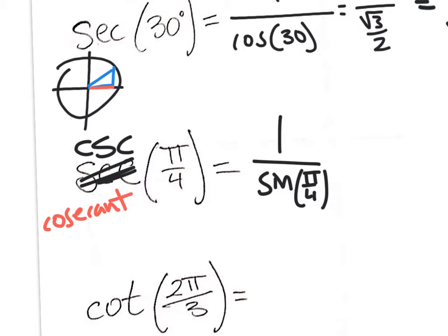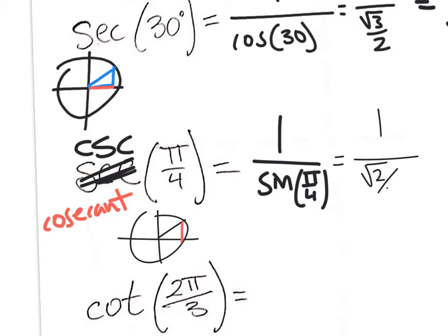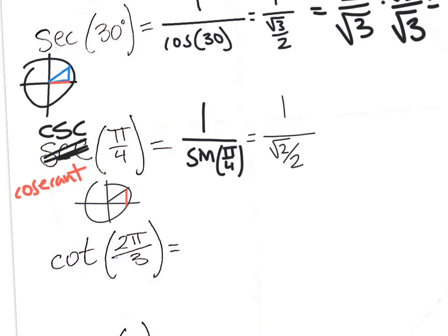And we know pi over 4, let's see, right here. And the sine would be this, so we know that's a root 2 over 2. So 1 over root 2 over 2, dividing by a fraction, same as multiplying by the reciprocal. So we flip it, and 2 divided by root 2 is root 2.